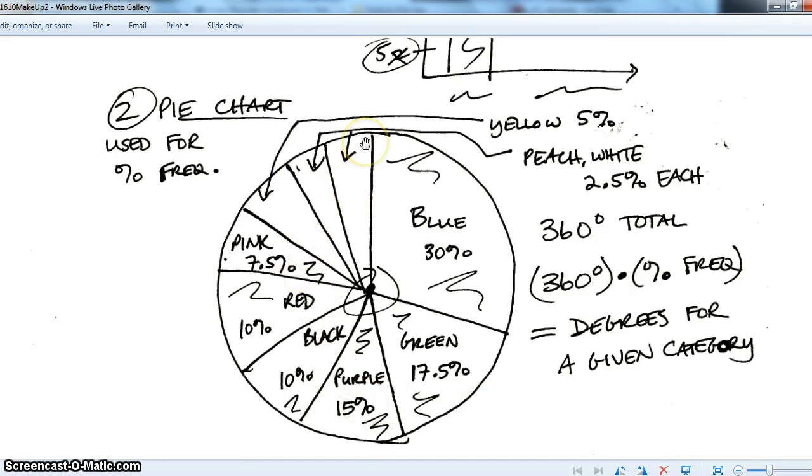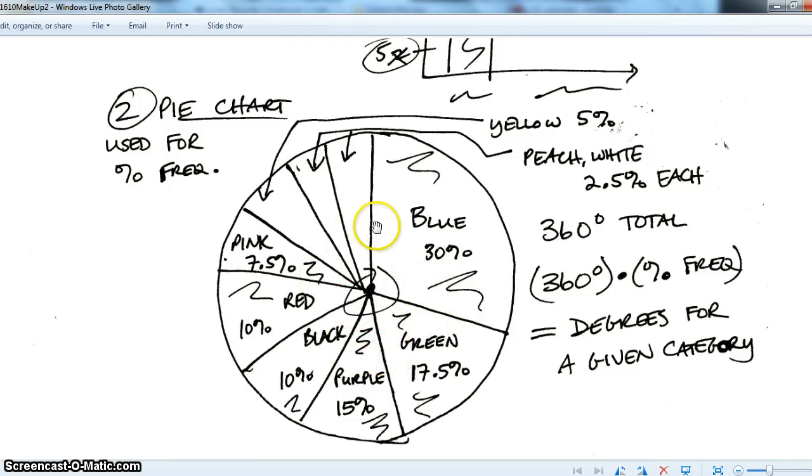And sometimes you'll have some categories over here that don't fall into that. If you have like a not applicable or other, sometimes you'll see that at the end, even if it has a percentage that's higher than the least frequent. So I drew this with the 30%, a little bit more than 25.